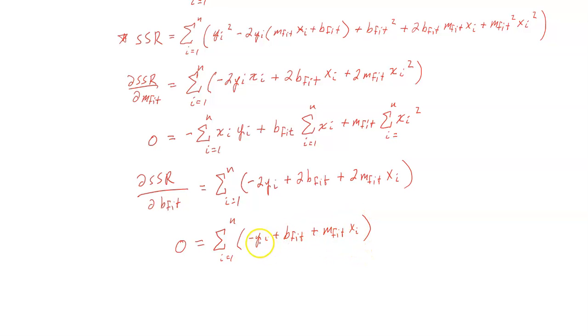And because the sum of yi from i equals 1 to n is going to look like our number n times the average y value, we will get negative n times y bar.